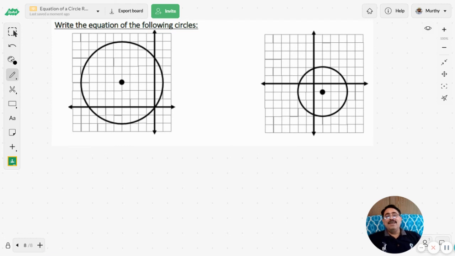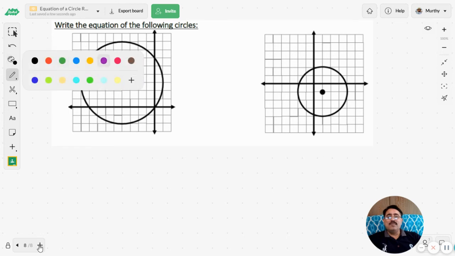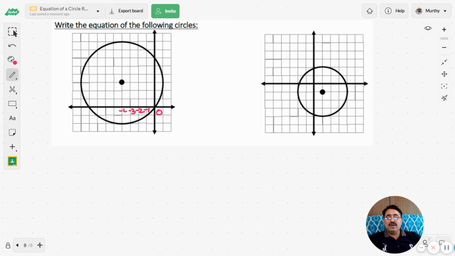Okay, write the equation of the following circles. These are just similar to the previous example. That's the reason I skipped one. So negative 1, negative 2, negative 3, negative 4. So this one is the center.